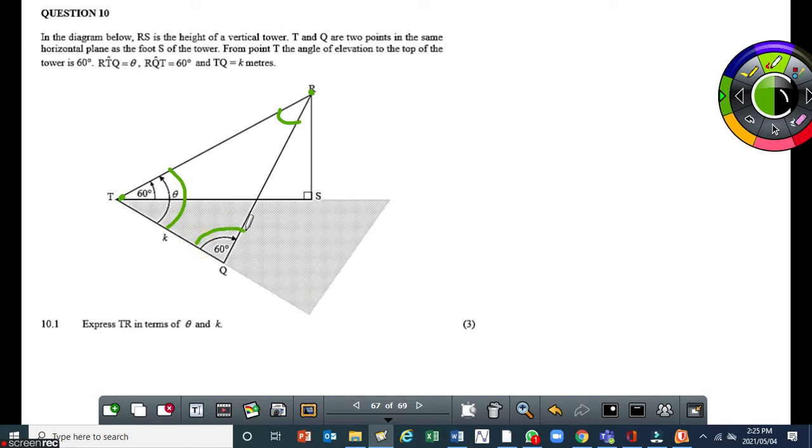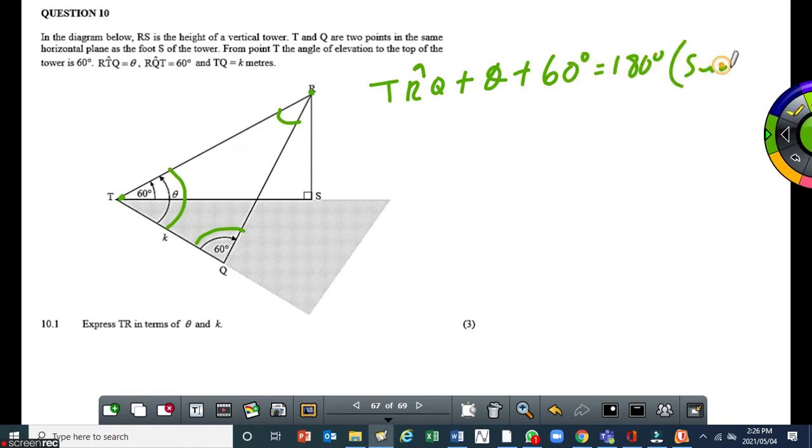You can use the grade 8 knowledge of triangles to calculate this angle here. That angle, let me call it TRQ. So TRQ plus this angle theta plus that 60 degrees give me 180, and your reason there is sum of angles in a triangle.